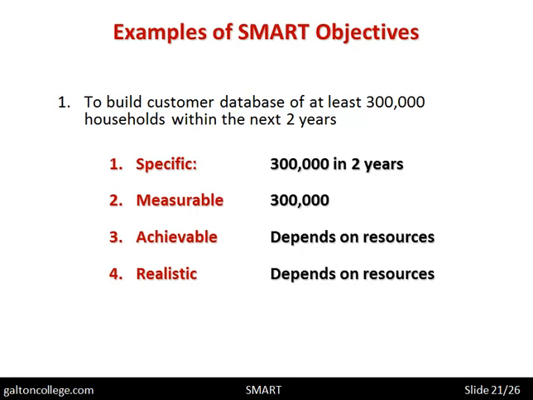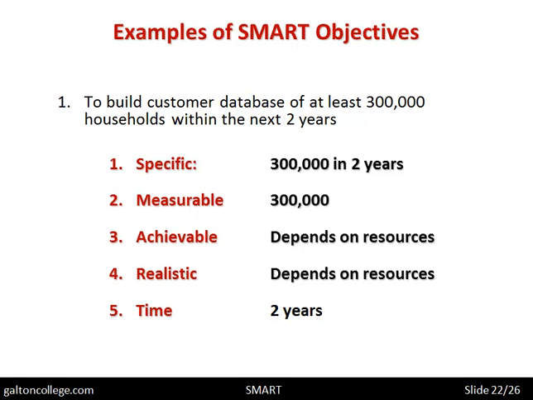But it's achievable. Yeah, it's achievable if the resources are there. It can be done. We can conceive of this happening. Is it realistic? Well, perhaps the resources could be better used elsewhere, for example. Time, yes, 2 years.